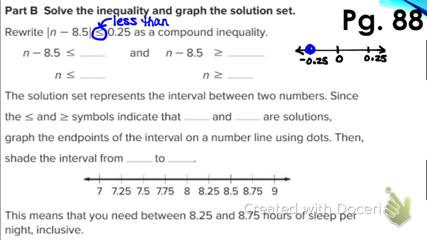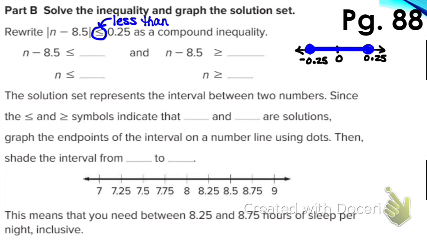Where would this be shaded? If I am less than, am I going away from, or are we shading in between? In between for a less than. I do not like the way your book does the less thans.